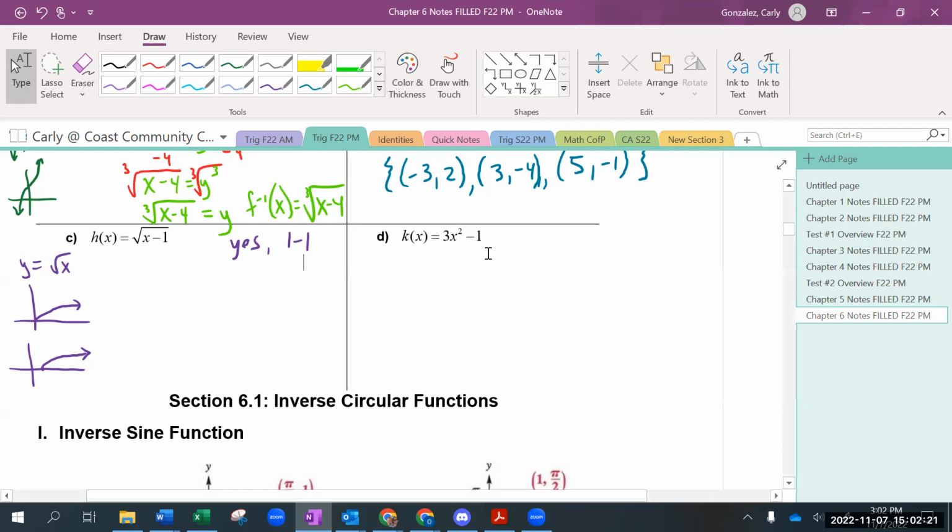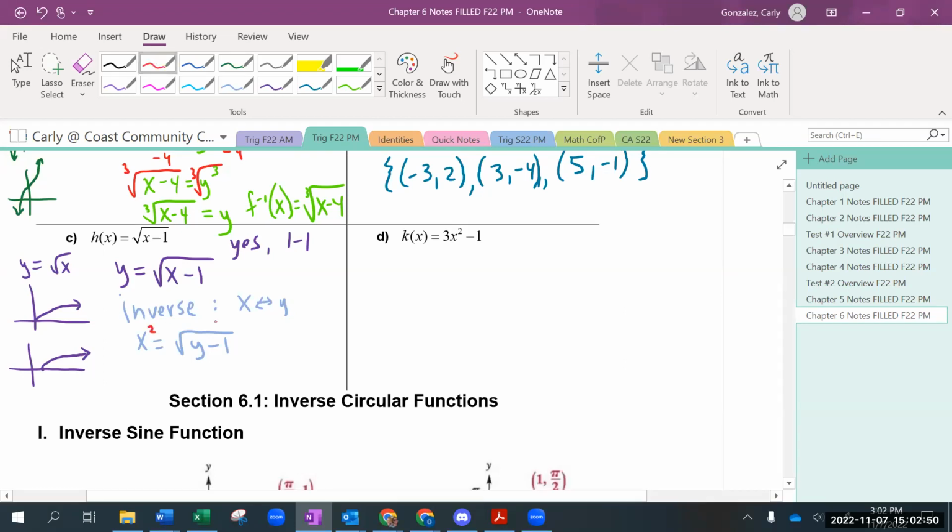So let's go ahead now. I'm going to rewrite my original function just using y instead of function notation. And now I will switch to the inverse, which means I'm going to switch x and y. So x equals the square root of y minus 1. And now I will solve for y.